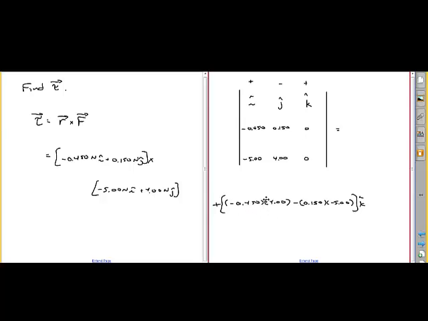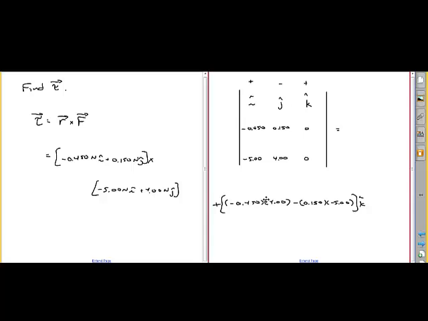So there we get. Let's get the calculator out. Okay, so we've got negative 0.45 times 4.